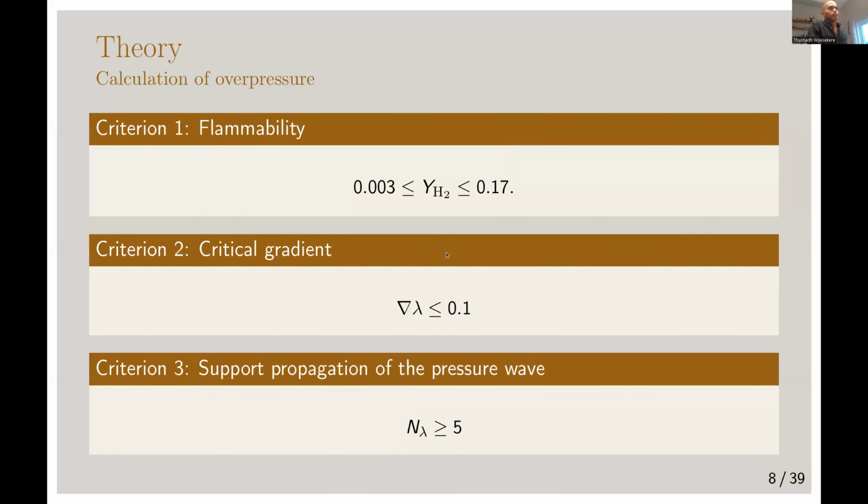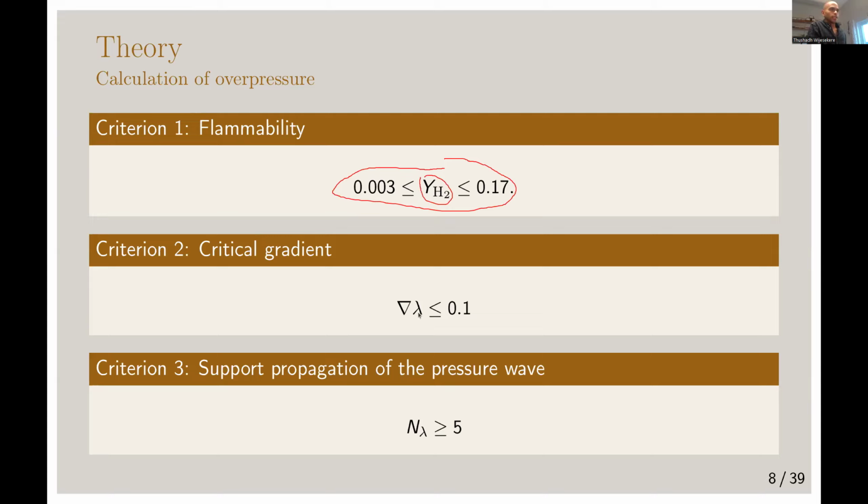So the main purpose of the concept of detonation cell size is to capture the region of the jet which supports a stable detonation, or stable pressure wave. So three criteria have to be fulfilled. The first criterion is that the concentration should be in the flammable range, and for hydrogen it is this, where YH2 is mass fraction.